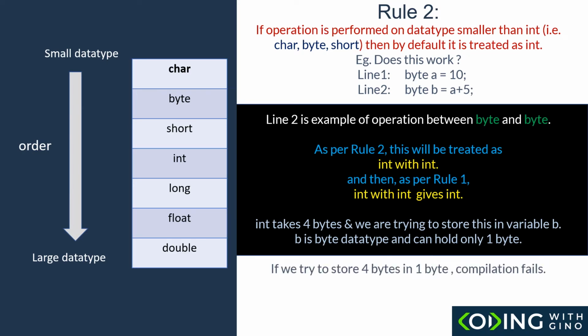Can we store 4 bytes of data in storage of 1 byte? No. Hence, the answer is compilation fails. How to get rid of the error? Very simple. All we have to do is change data type of B from byte to a data type that can hold 4 bytes. So, change B from byte to int.